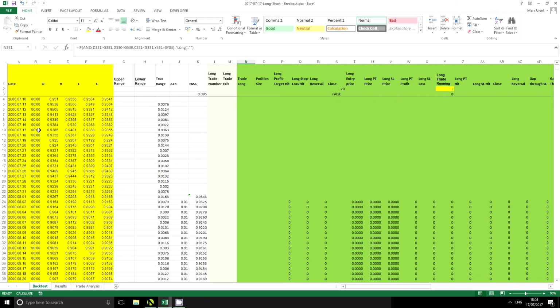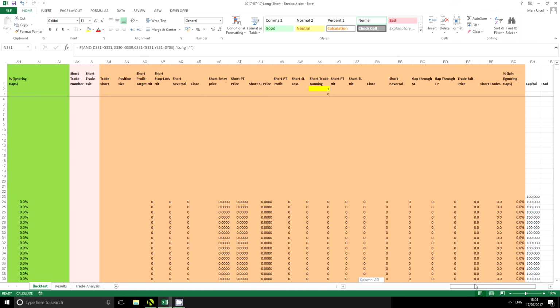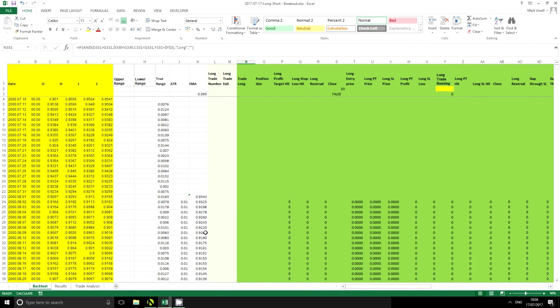It's very easy to change the data, shown over here on the left. We've got technical indicators, a very small number of them because breakout strategies tend to be fairly simple. And then we have the calculations, with long and then short trades shown over here.